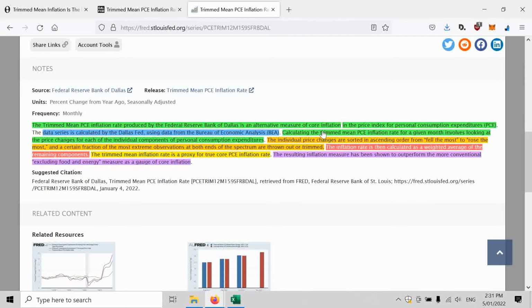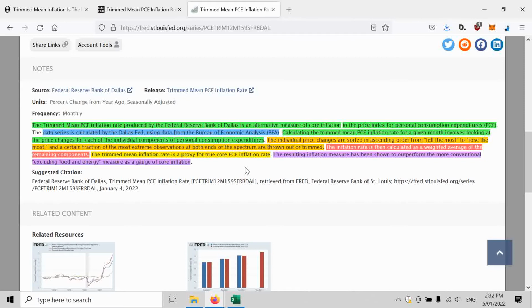Now, what does this all mean? What the Federal Reserve is saying is they list all the components involved in personal consumption expenditure. So they create a list in ascending order where at the top are the most deflationary items, i.e., prices reduced, and at the bottom are the most inflationary items, that means the price increased.